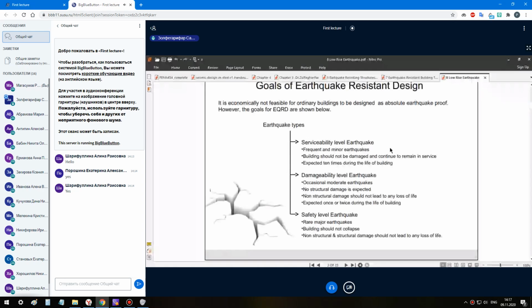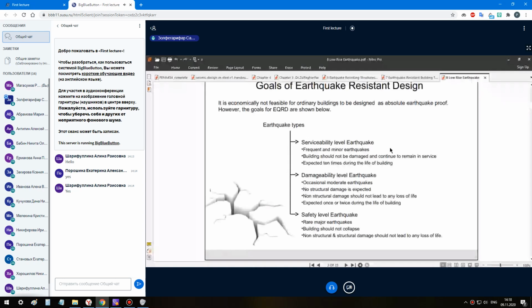The first level is the frequent, minor earthquake, where the building should not be damaged and should continue to remain in service. In this level, it is expected about 10 times during the life of the building.